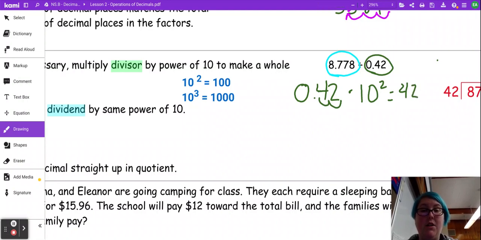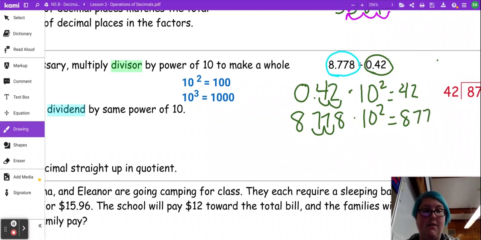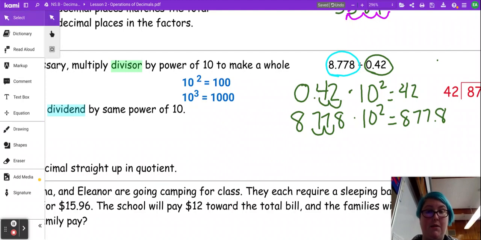Now whatever I do to the divisor, I do to the other number, the dividend. So 8.778 times 10 to the second, we're going to move that 2 places, becomes 877.8. That's okay. There's still a decimal. Don't panic. It's supposed to be there.